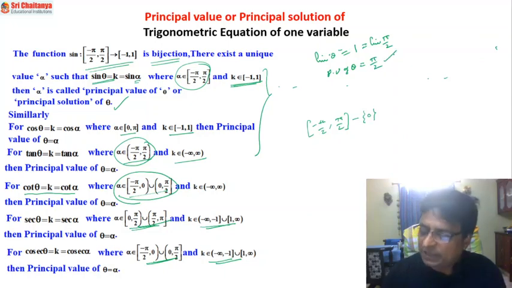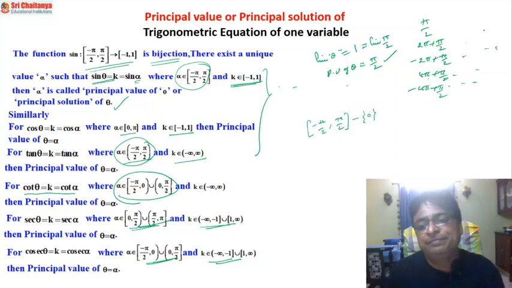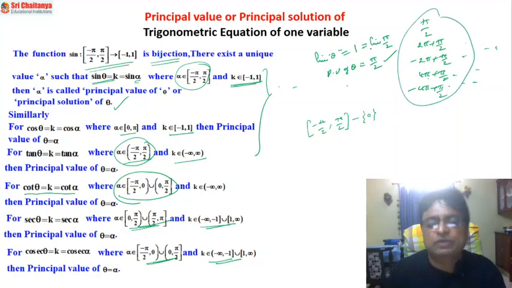Theta is equal to pi by 2, or 2 pi plus pi by 2, or minus 2 pi plus pi by 2, or 4 pi plus pi by 2, or minus 4 pi plus pi by 2. See how many values you can write? Infinitely many. For all these values of theta, sin theta becomes 1.